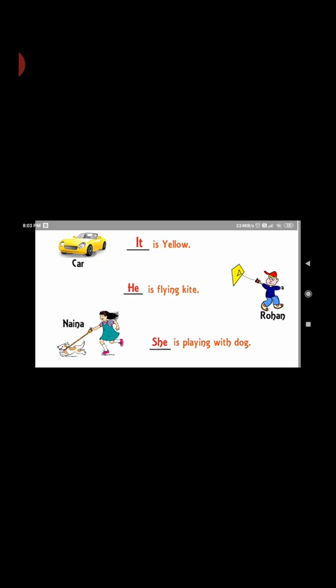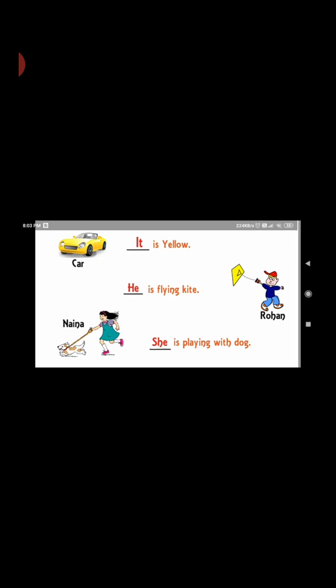Very good. Now tell me, what do you see in the second picture? Ma'am, I see a boy in the next picture. Okay. What is the name of the boy? Ma'am, the name of the boy is Rohan. Very good. What is Rohan doing?